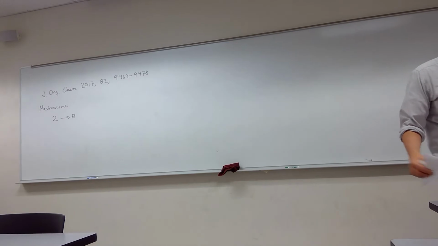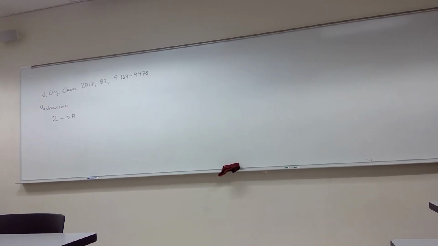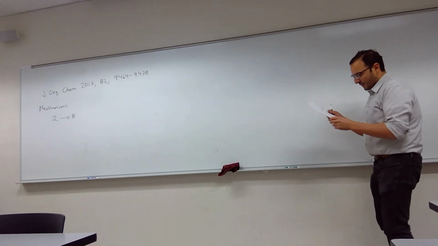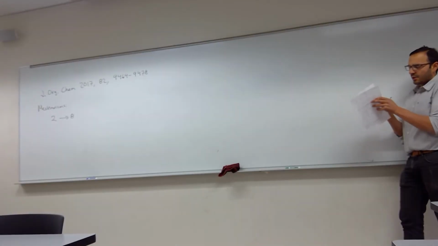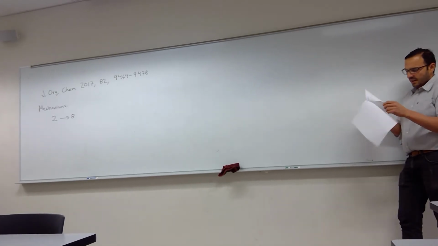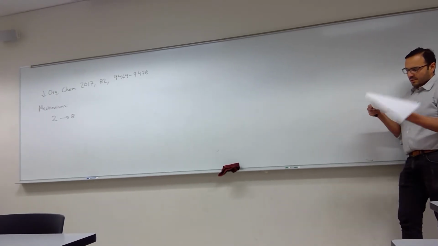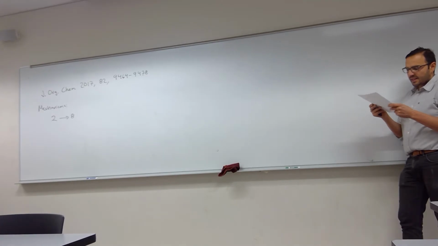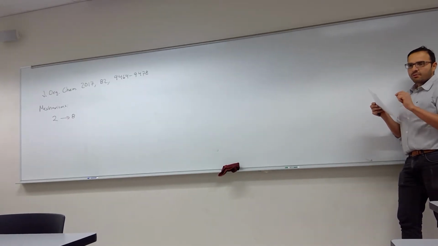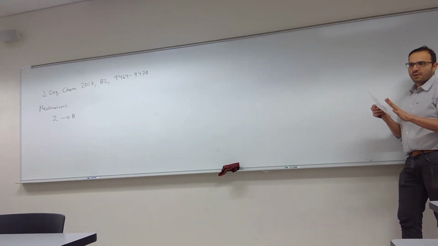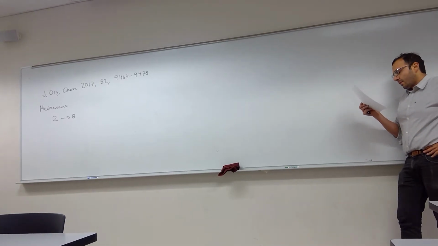So now what I want you guys to go over is scheme 2 and scheme 3 on the worksheet you have right now. Let's start with those two schemes, look at the reagents, and make sure that you can do all of these transformations.